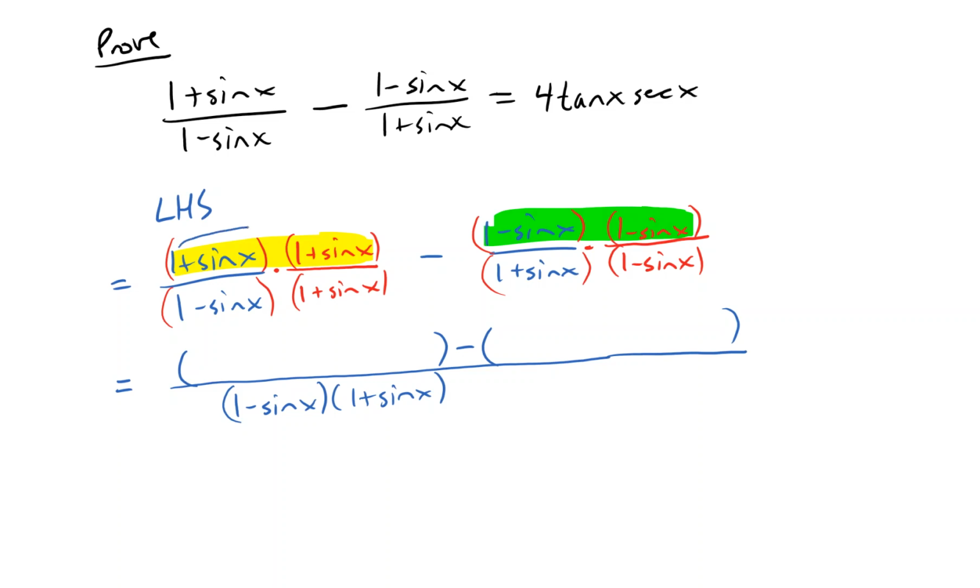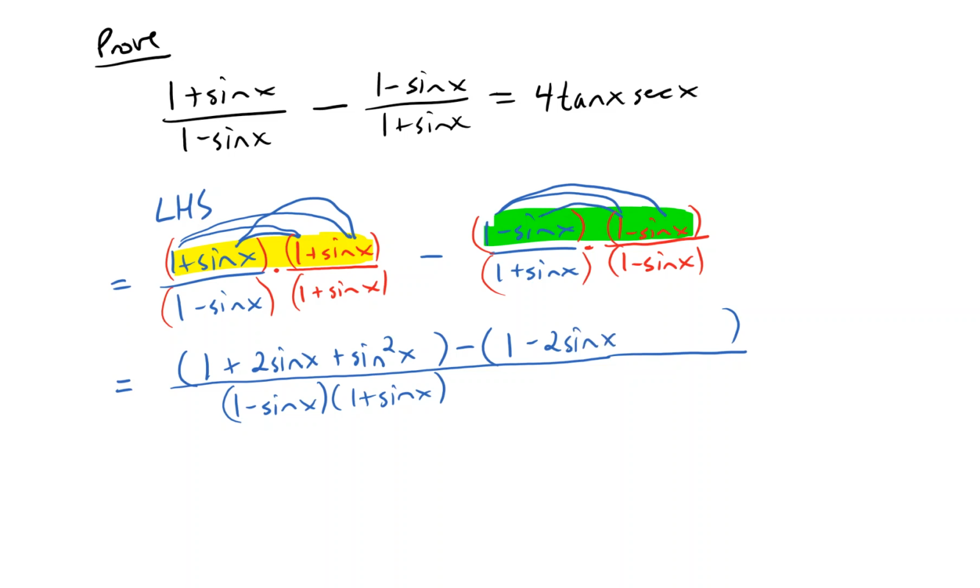Multiplying these together, I get 1 plus sine of x plus another sine of x, so I get 2 sine of x plus sine squared of x. Similarly, I get 1 minus sine of x minus sine of x, so that's minus 2 sine of x, plus sine squared of x.